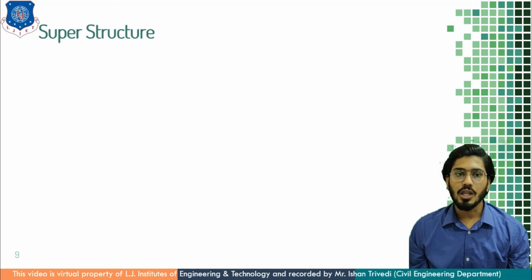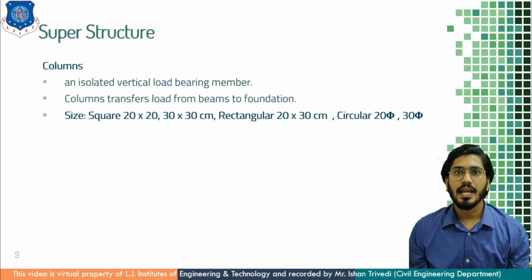Next is column. It is defined as an isolated load-bearing member. Column transfers the load coming from roof or slab through beams and transfers the load to the subsoil below the foundation. The columns are of different shapes and sizes, rectangular, circular or square.